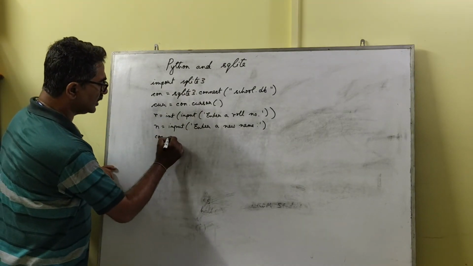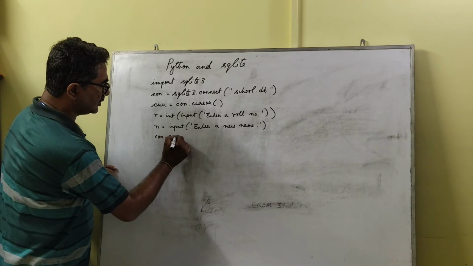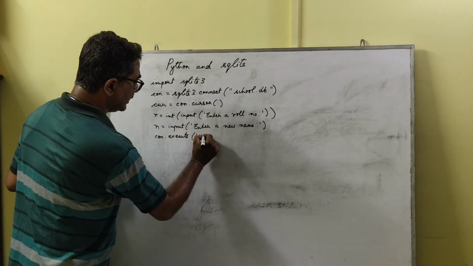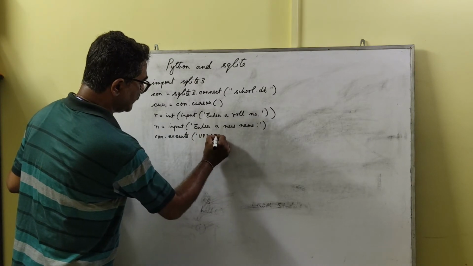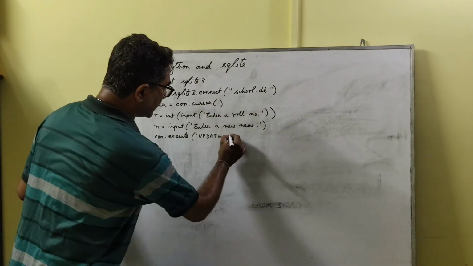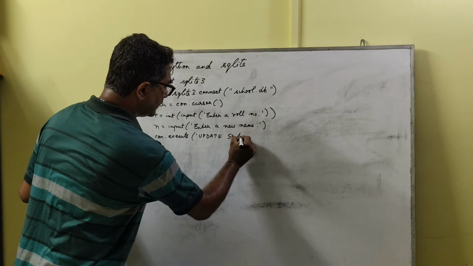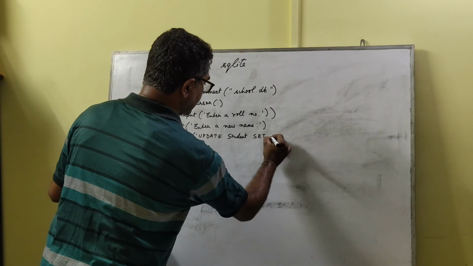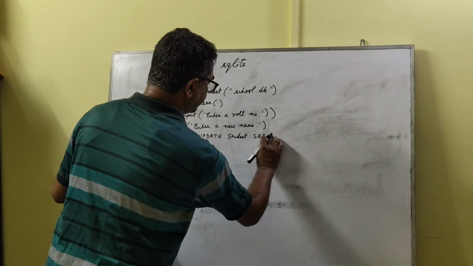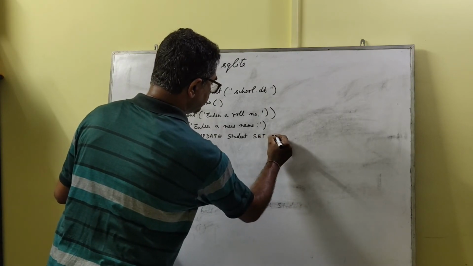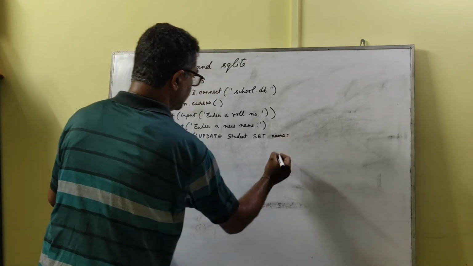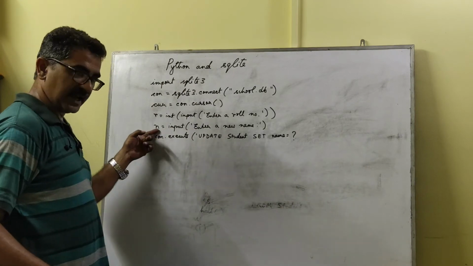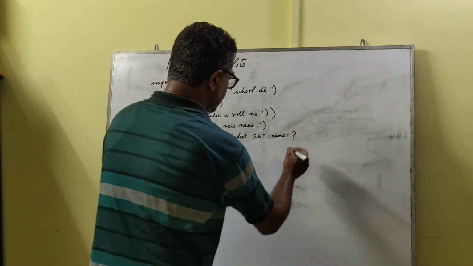So we'll write con dot execute update, name of the table, that is student, set name equal to, we'll put a question mark because this is variable content, that is n, which I want to insert.